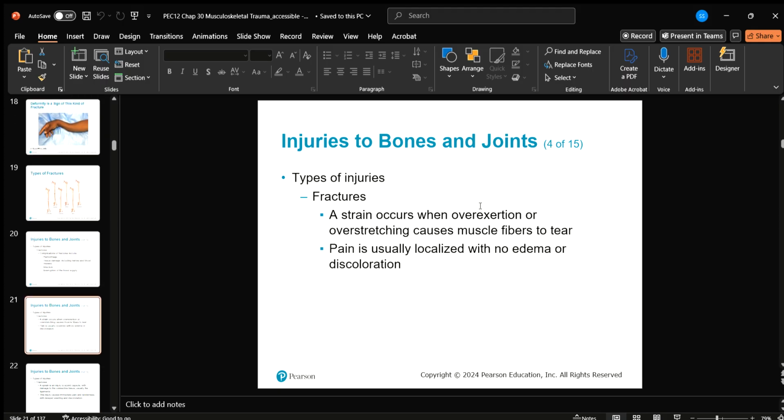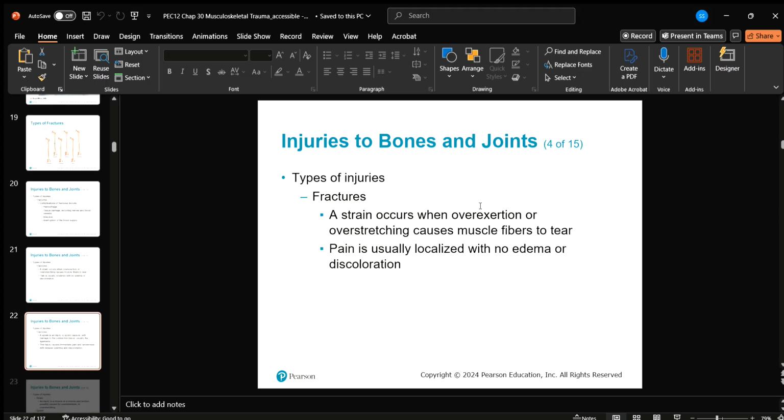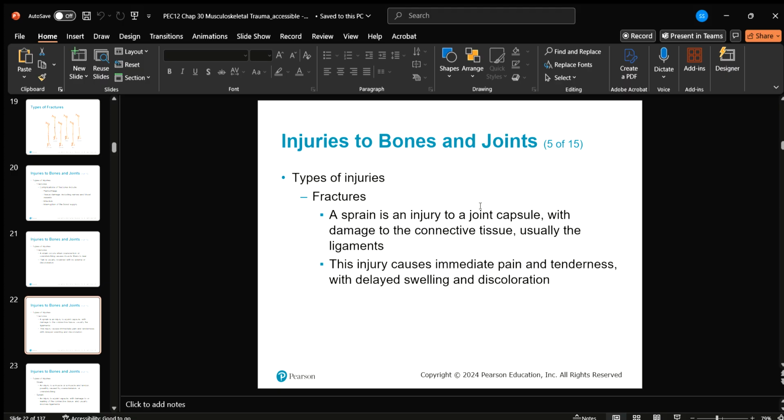Okay, so talking about strains and sprains. A strain is an overexertion or overstretching of muscle fibers, causing them to tear. A sprain is an injury to a joint capsule.